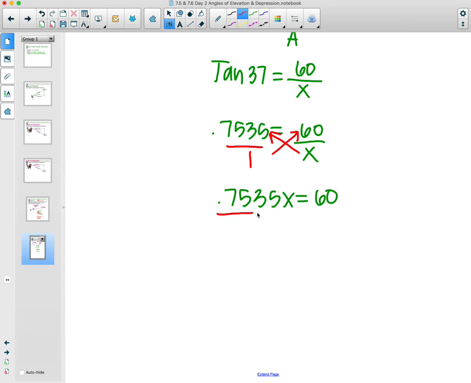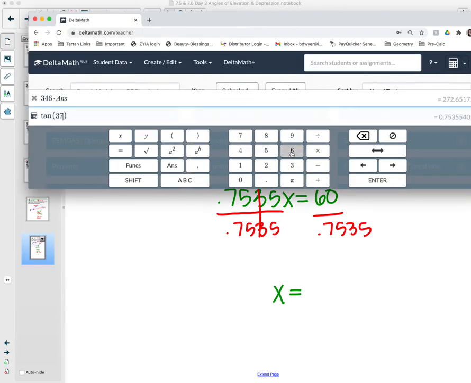Then we need to get X by itself, so we'll divide by this decimal on both sides, because 0.7535 divided by 0.7535 is just 1X. Okay, so just X. And then we'll do 60 divided by that decimal in our calculator.